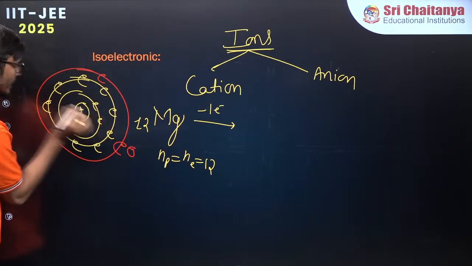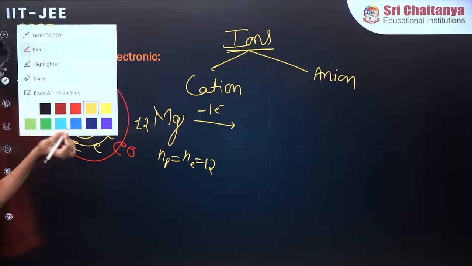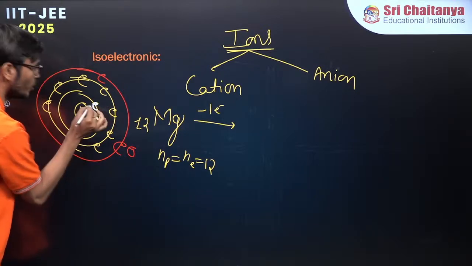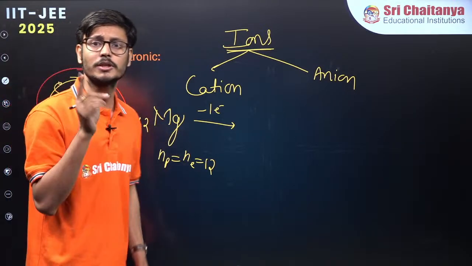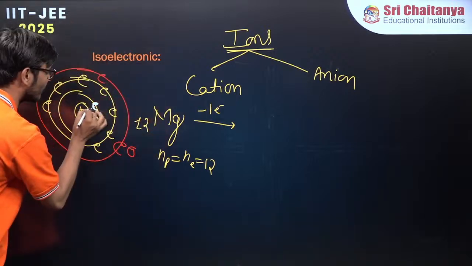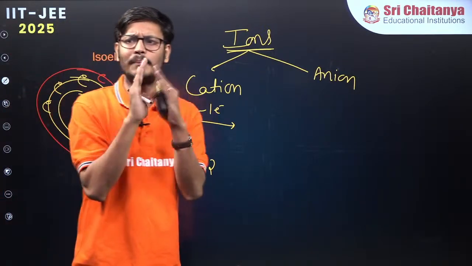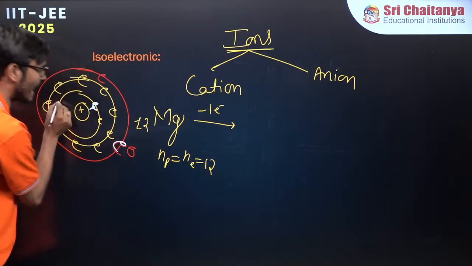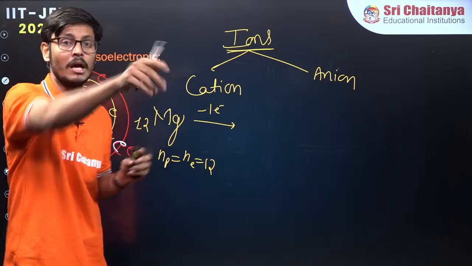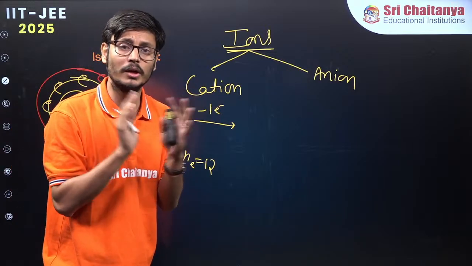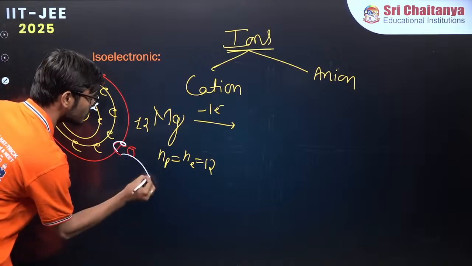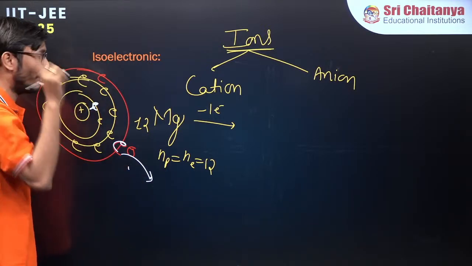This electron, which is closest to the nucleus, will feel maximum attraction because it is close to the nucleus. Now, the outermost electron will have least attraction with the nucleus because it is away, right? So which electron can I remove easily? The outermost. So the outermost electron I will remove, one electron at a time.